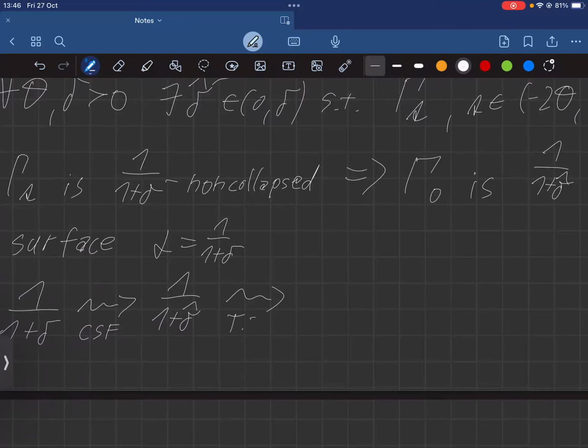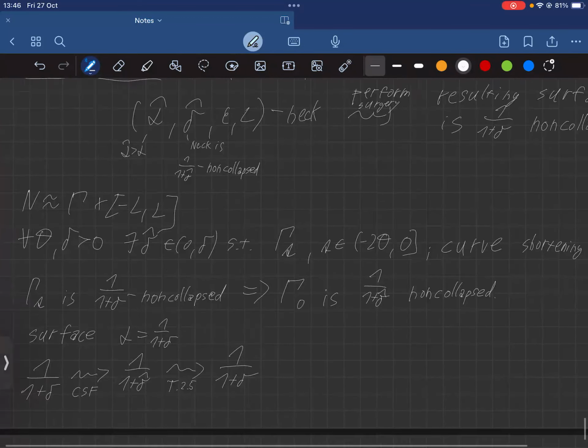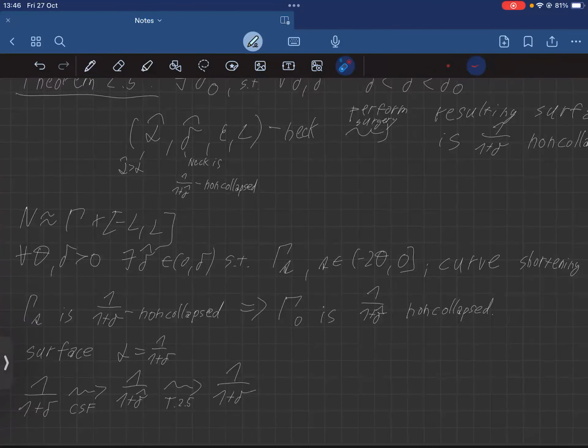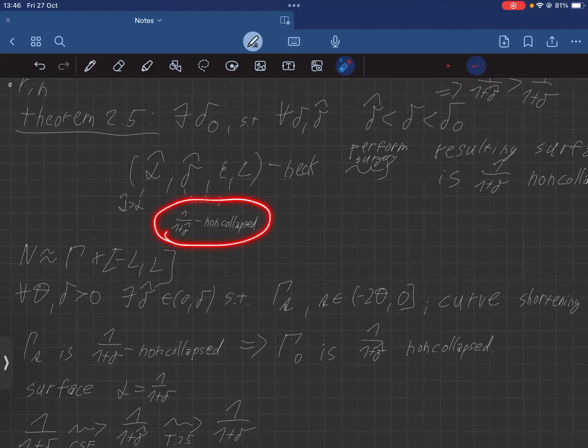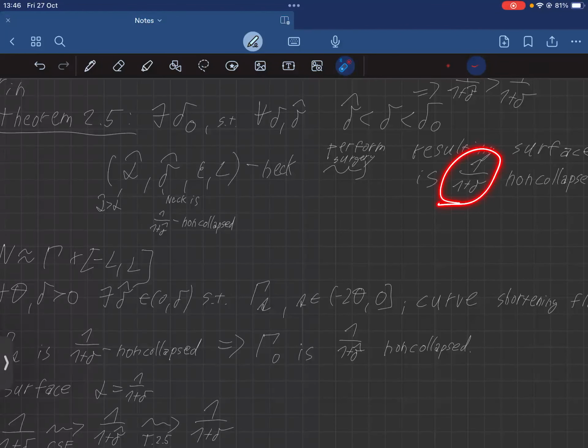So now using theorem 2.5, we can get back to 1 over 1 plus delta, right? Because we mentioned that if we have a neck with 1 over 1 plus delta hat non-collapse constant, we can get 1 over 1 plus delta for arbitrary delta hat and delta.